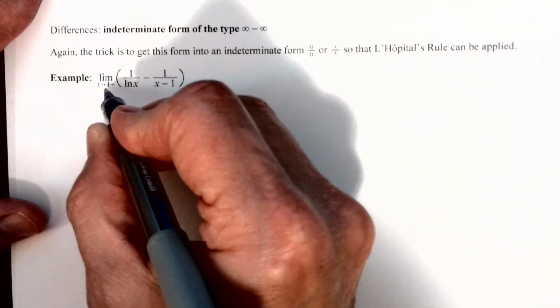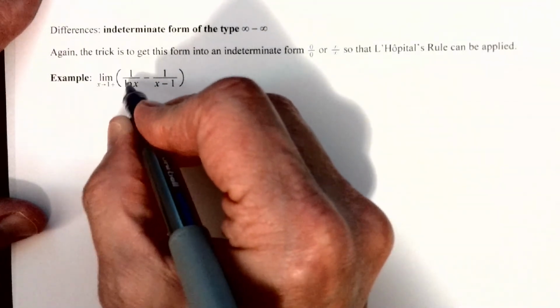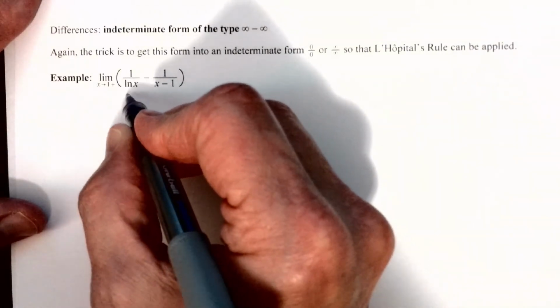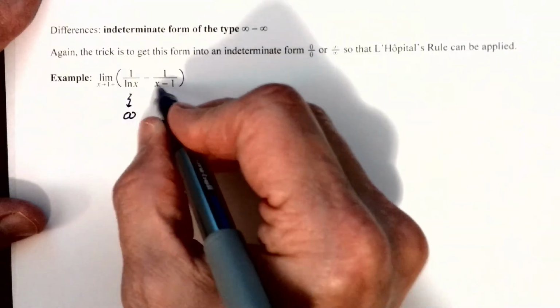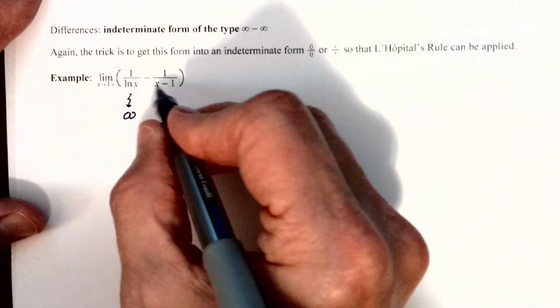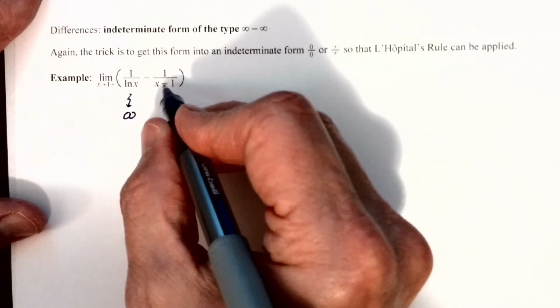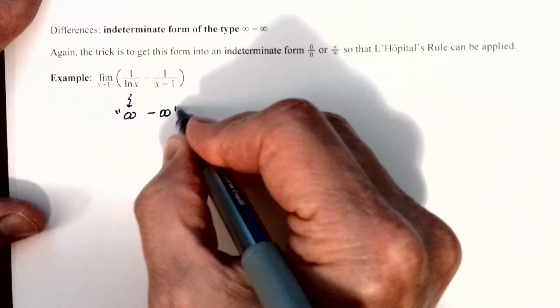And for values greater than 1, the natural log of x is positive. So this ratio is always positive, but natural log of x is going to 0, and so that's going to infinity. And again, 1 divided by x minus 1 as x approaches 1 from the positive side: this difference is going to 0, but it's always positive. 1 divided by a positive. All right, so we've got infinity minus infinity form.